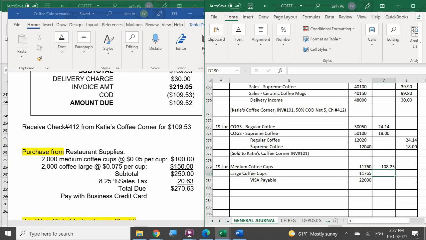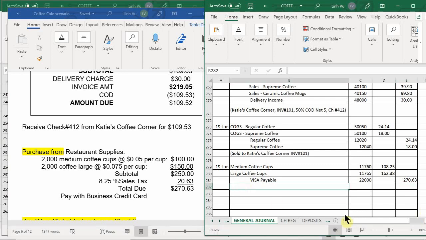So plus 150 is 162.38. Okay, for a grand total of 270.63, which is correct. Okay, good. 108.25 and 162.38.